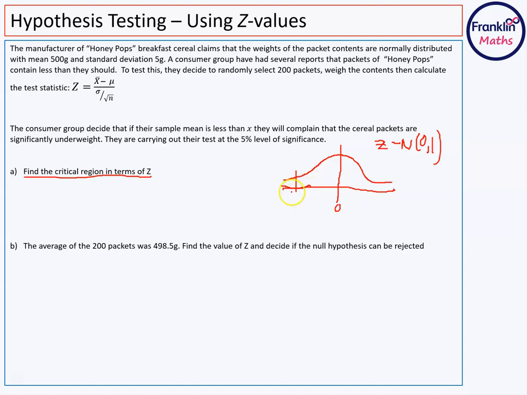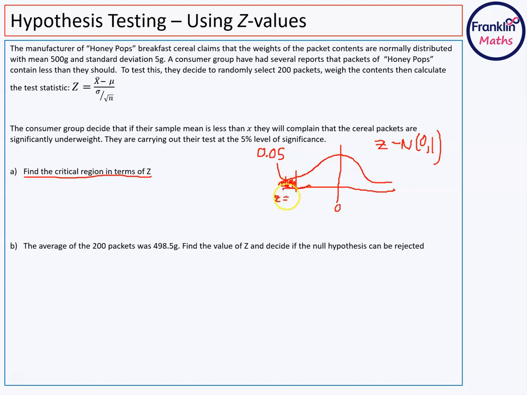So we're trying to find out this here is 0.05. We're going to basically find out the Z score for here. So how many standard deviations below the mean will 0.05 give me?